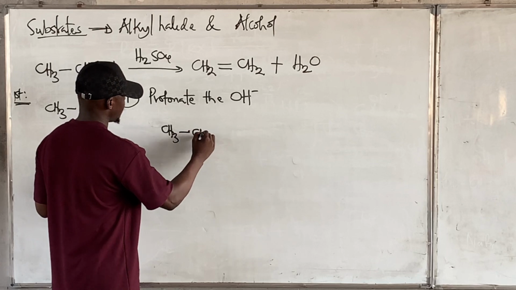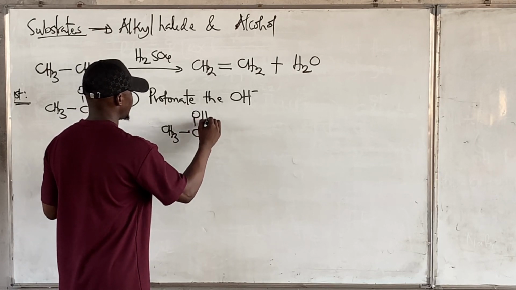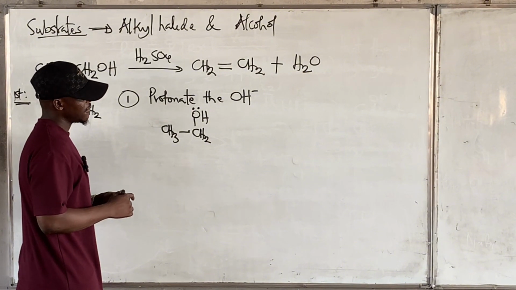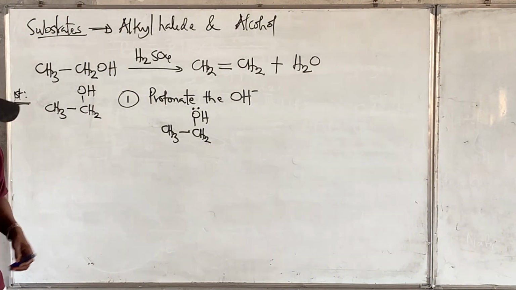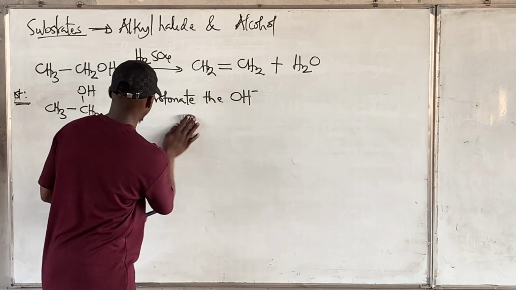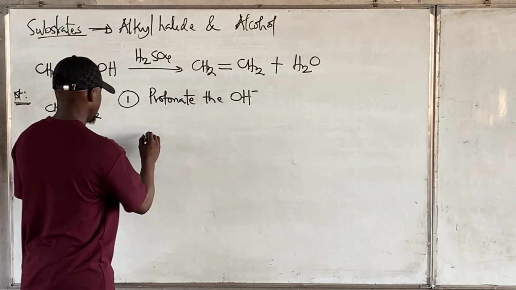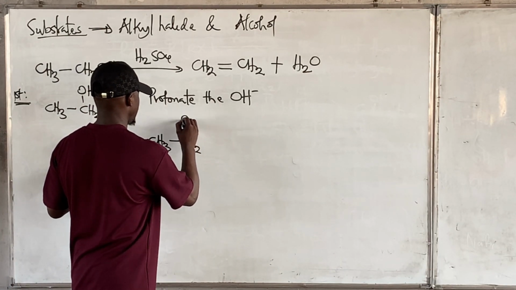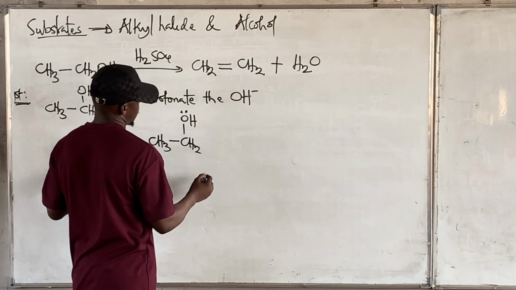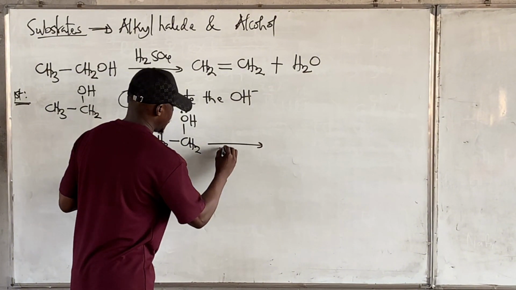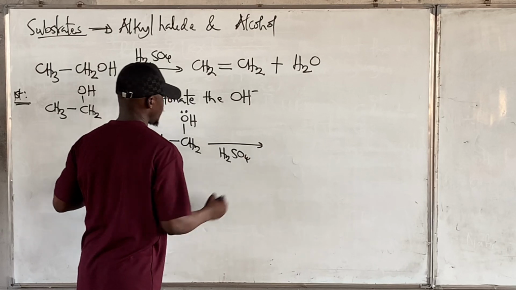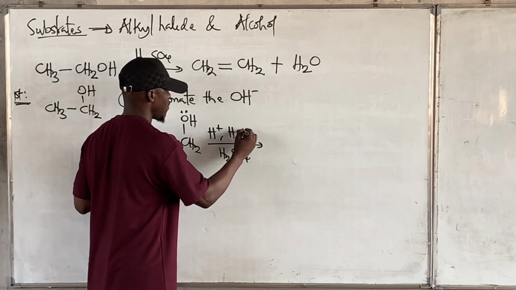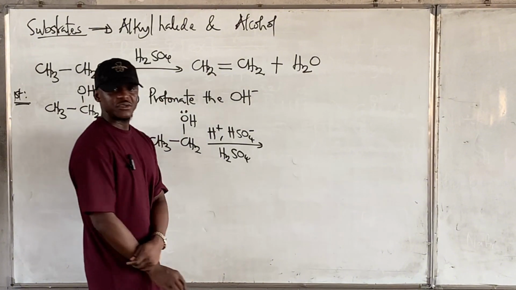So when I do that, this becomes CH3, CH2, this. So let's write it down so that I'll have space. CH3. Now, this is H2SO4, but it is going to split as H plus and HSO4 minus.